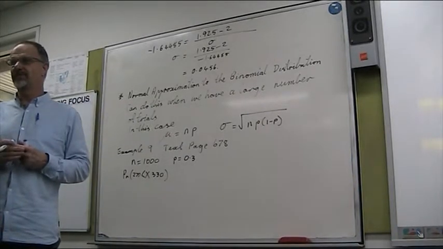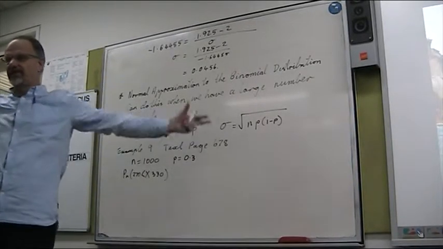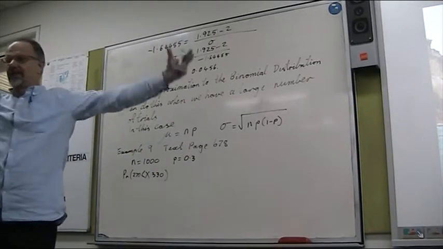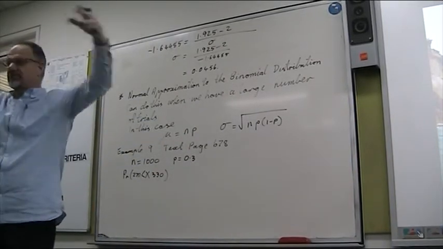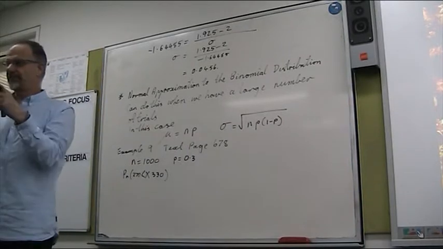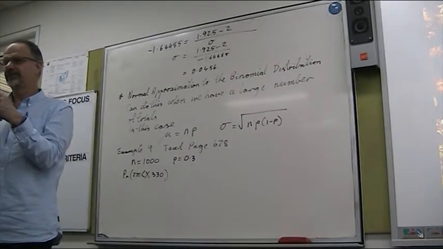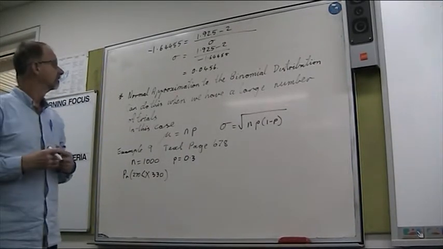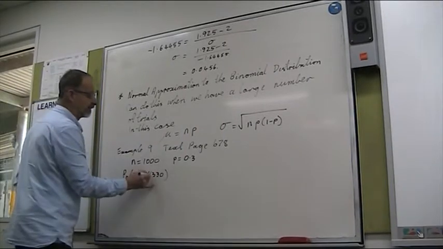There are 30% in favour for the whole population, they're saying. For the whole population, but we're just sampling 1,000.